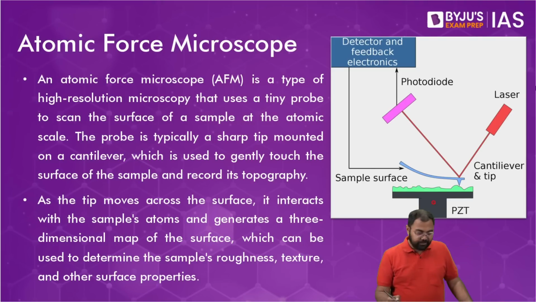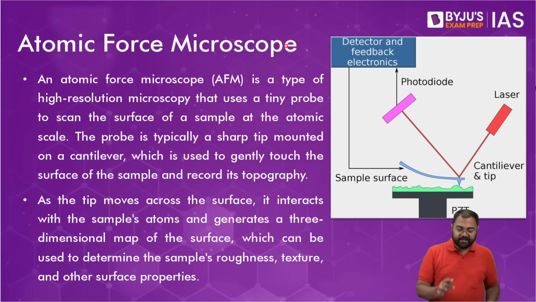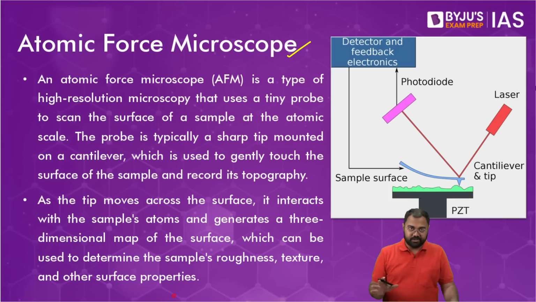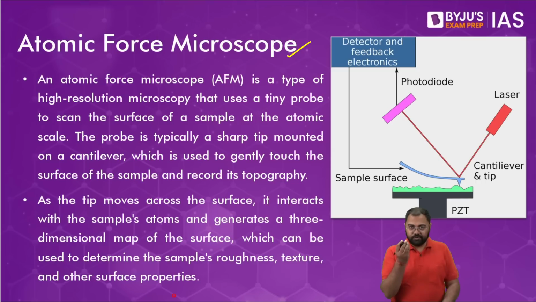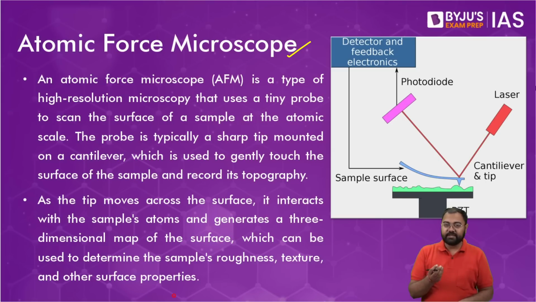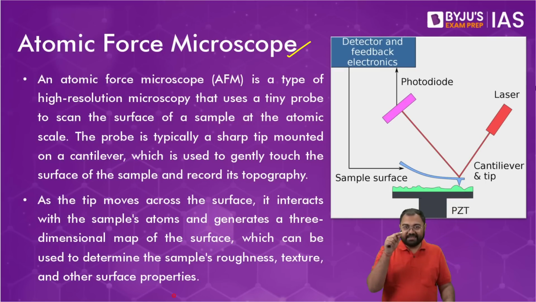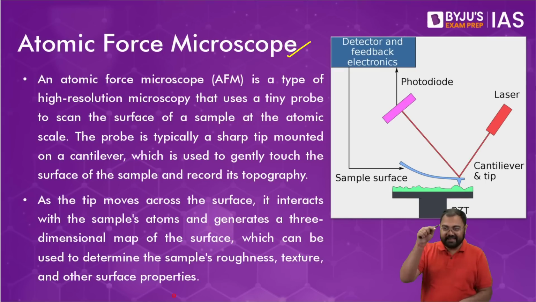Now, apart from the scanning tunneling microscope, there is another microscope that was developed later, which became very popular in nanotechnology. This is called the atomic force microscope. In the scanning tunneling microscope, electricity is produced and electrons enter the surface.